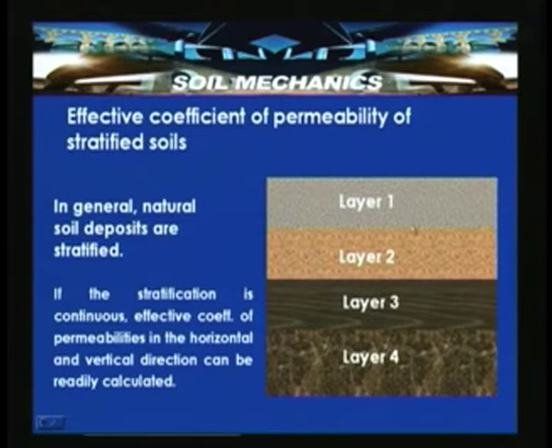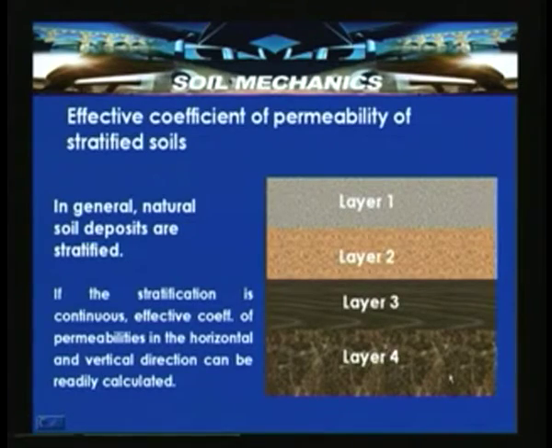If you look at this particular figure, 4 layers of soils have been shown. Layer 1 is a sand of certain type, layer 2 is sand of another type, layer 3 is clay, and layer 4 is another clay of another type.